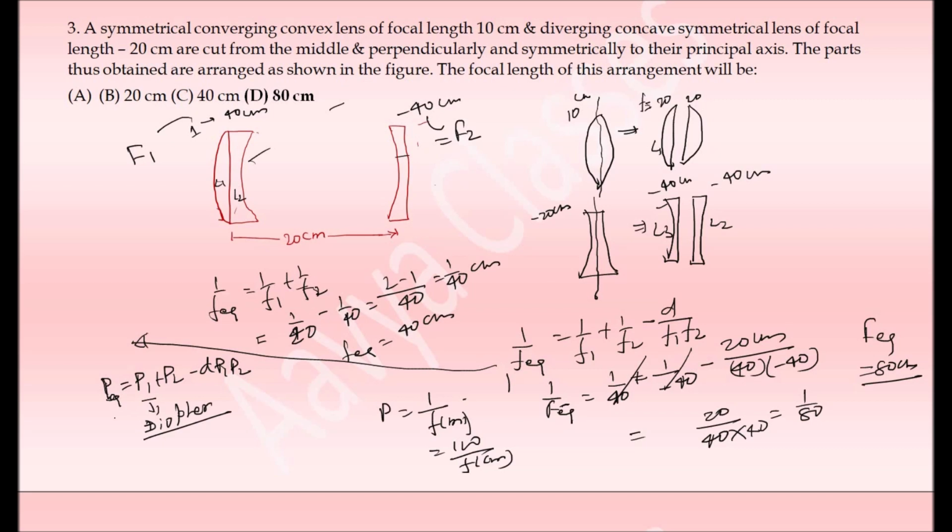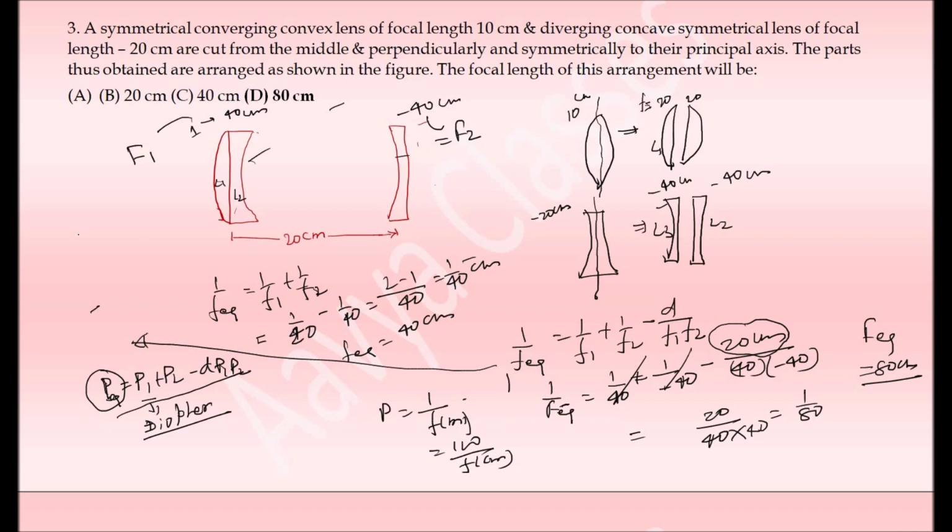So if we have to calculate the power, then we should take D in meters. However, here we have to calculate the equivalent focal length, and all focal lengths are given in centimeters. That's why we have taken D in centimeters also. So it's very important that you take D in centimeters here, while if you calculate the equivalent power, you have to take D in meters.